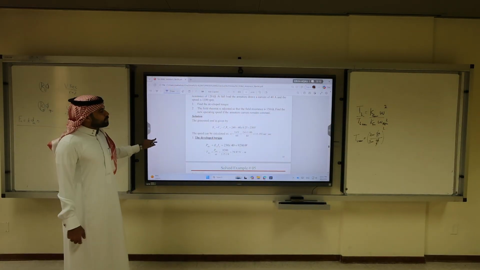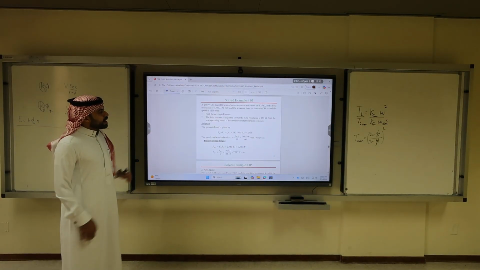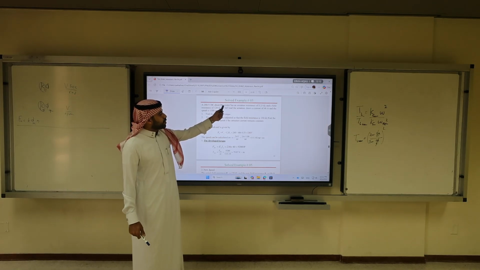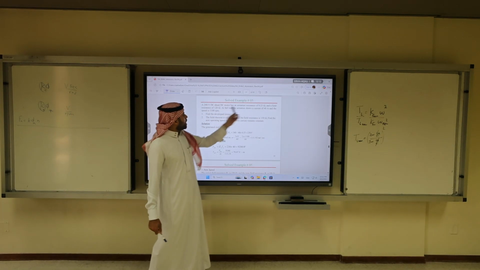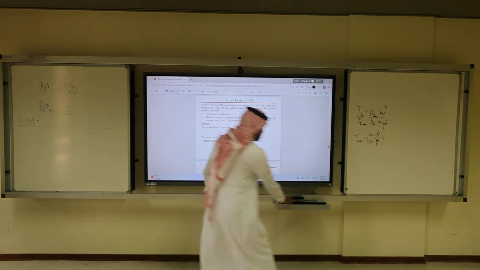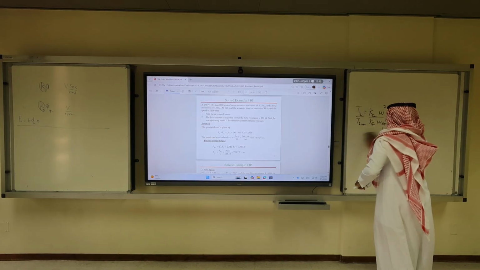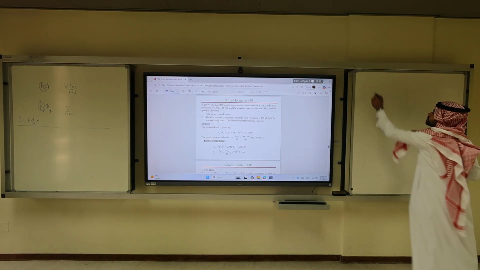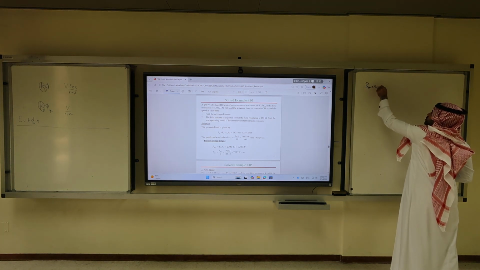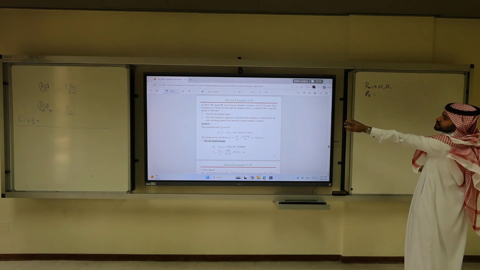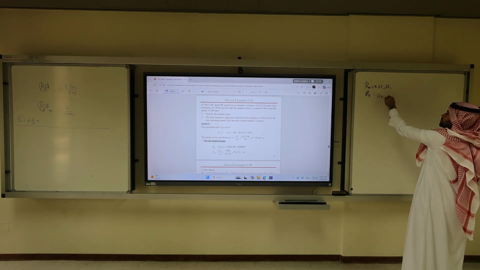So let's see example number 5. We have a shunt DC motor, where we have RA equal to 0.25 ohm. We have RF to be 120.